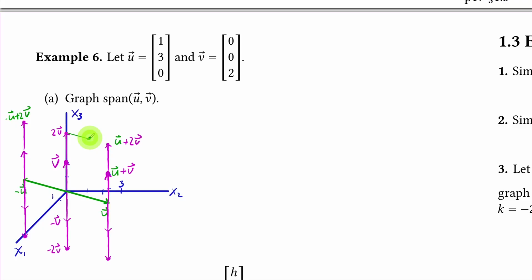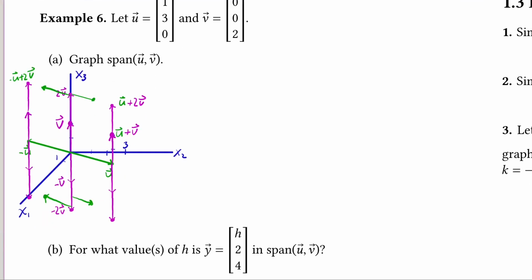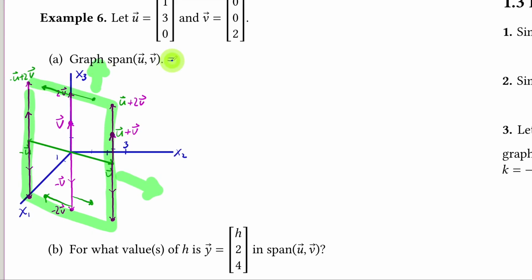And all these other points, any multiple of u plus any multiple of v, they end up making a plane that extends infinitely in these two directions, includes the vector u and the vector v, and all the vectors in between and outwards.